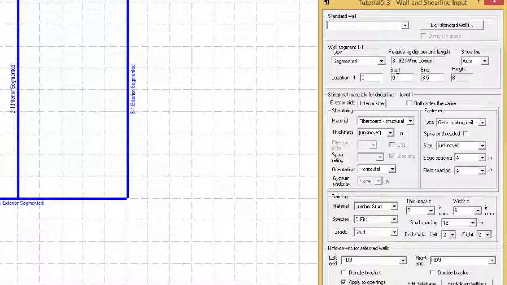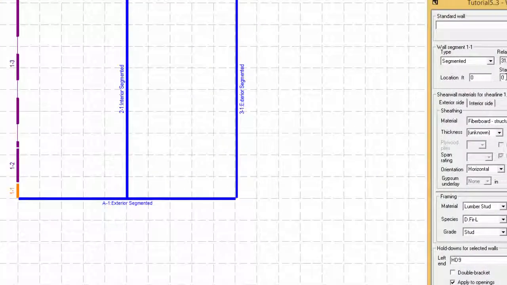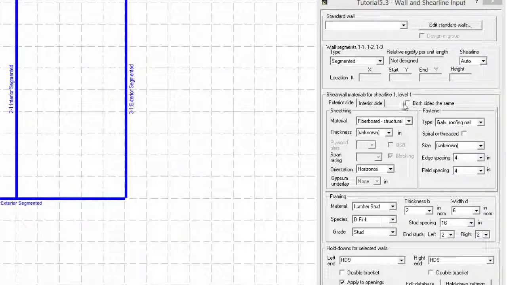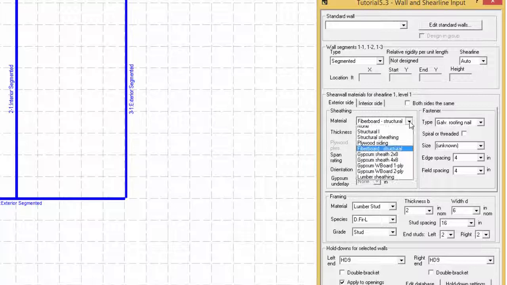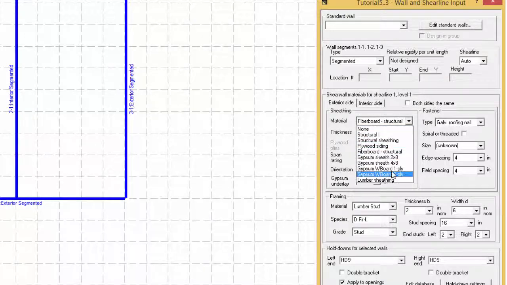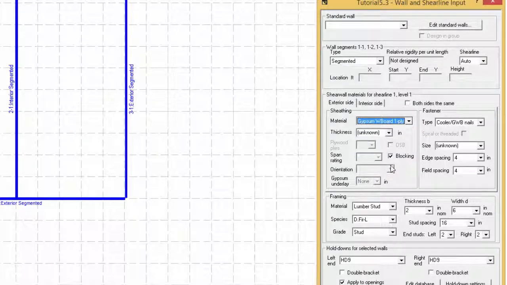We will now select all 3 wall segments and apply 1/2-inch gypsum on both sides. We will now run the design.